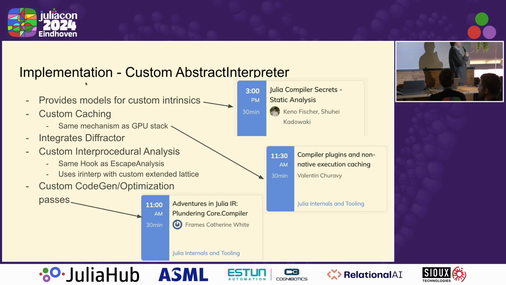We added a hook in the Julia compiler, which is used by escape analysis for doing post-inference interprocedural analysis, and this uses the same mechanism. And then it has the custom code generation to generate the various forms that the solvers need. Again, if you're interested in how exactly to do any of these things, there are full talks on basically all aspects of this.